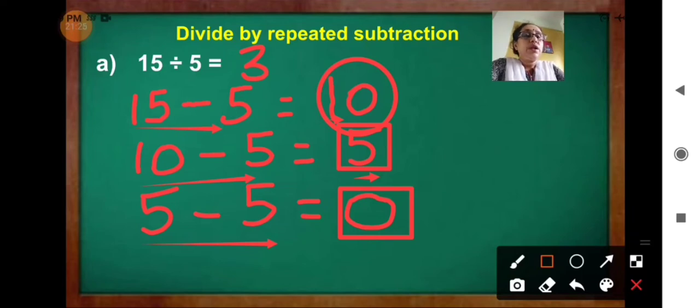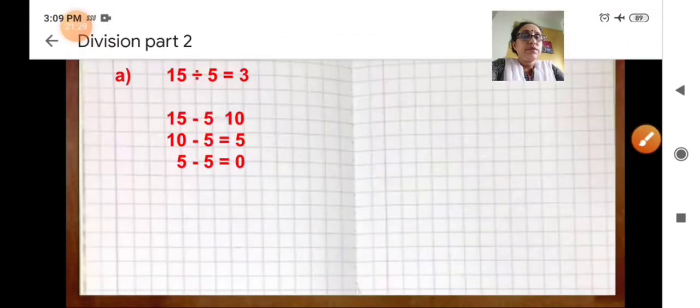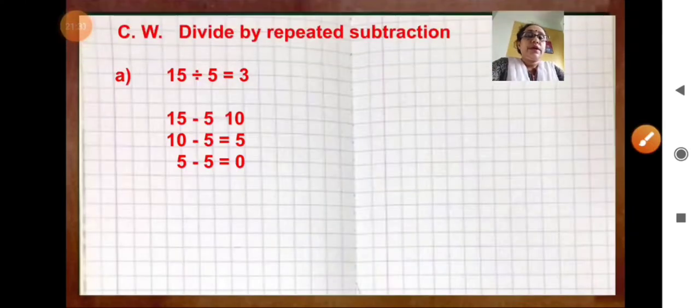Okay. Now take out your notebook and do it. Write classwork. Divide by repeated subtraction. Question A. 15 divided by 5 equal to 3. First step is 15 minus 5.